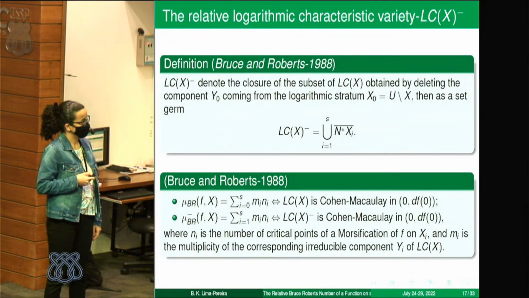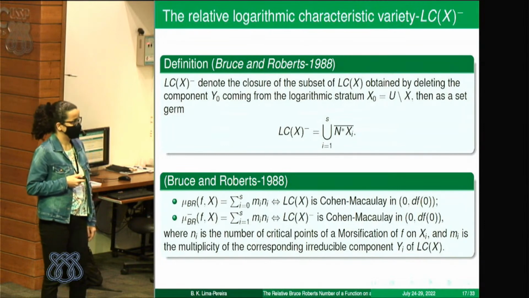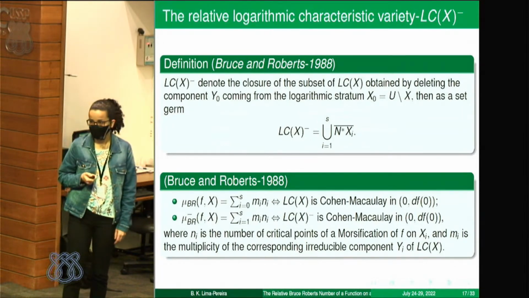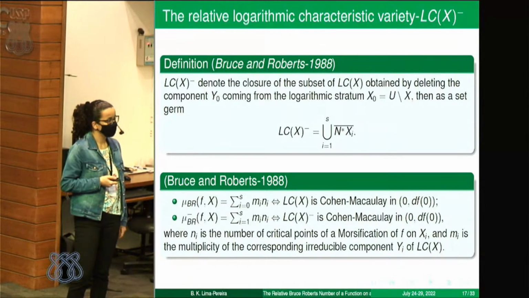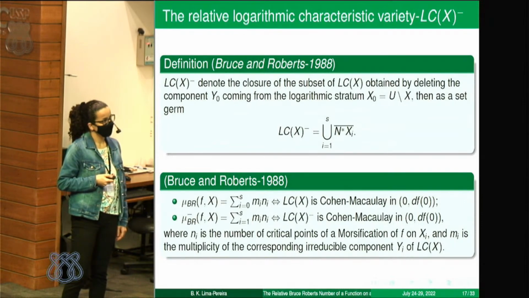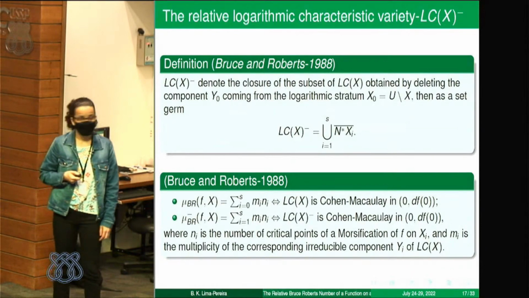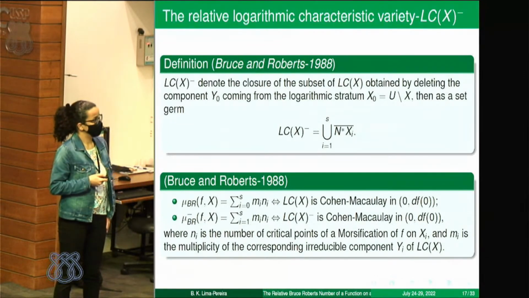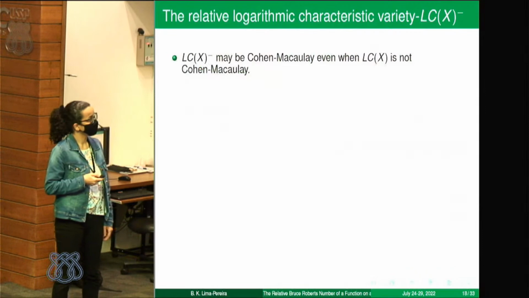And in these sums, Ni is the number of critical points of a morsification of F on Xi, and Mi is the multiplicity of the corresponding irreducible component Yi of LCX, okay? This result is so interesting and important, okay?